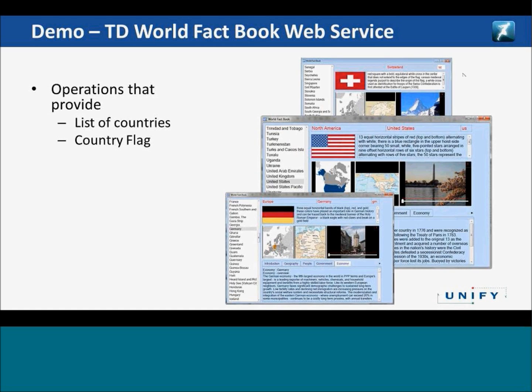So I can tell that web service I want to get back the country flag of Switzerland, Norway, the United States, Germany, or the European Union. I can get back a country map. And the country descriptions that you see on the screenshot at the bottom, like introduction, geography, people, government, economy. And that data is actually coming from the CIA website, which has available information about many countries in the world.